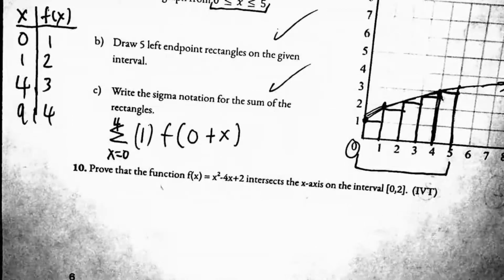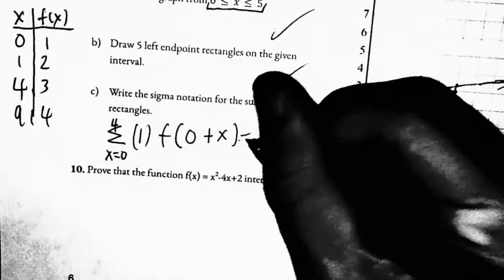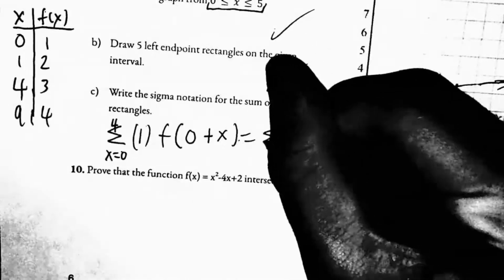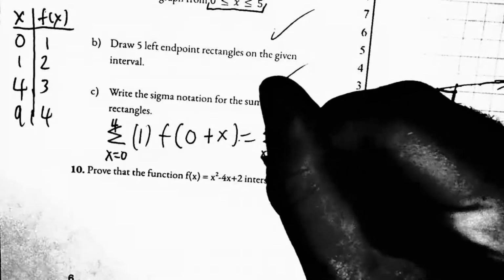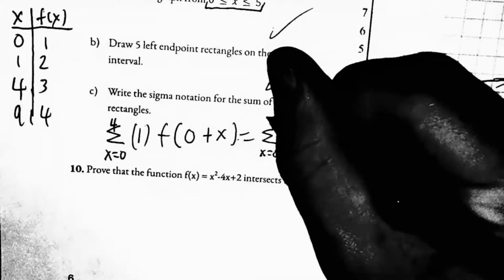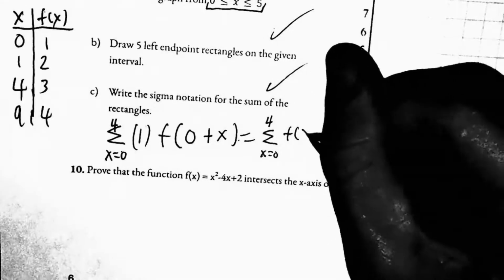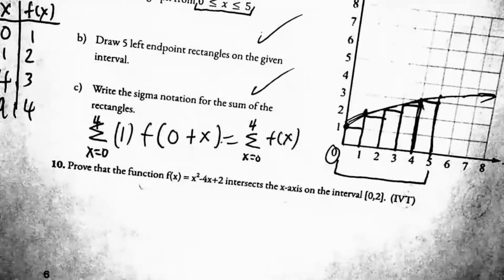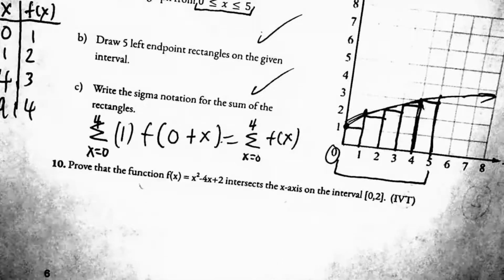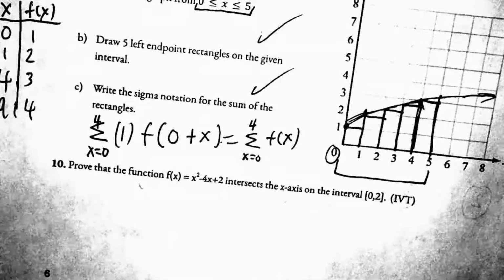And that's it for this one. Again, this would simplify to just summation 0 to 4 of f of x. That's it. It's pretty simple. I wouldn't say it's easy.